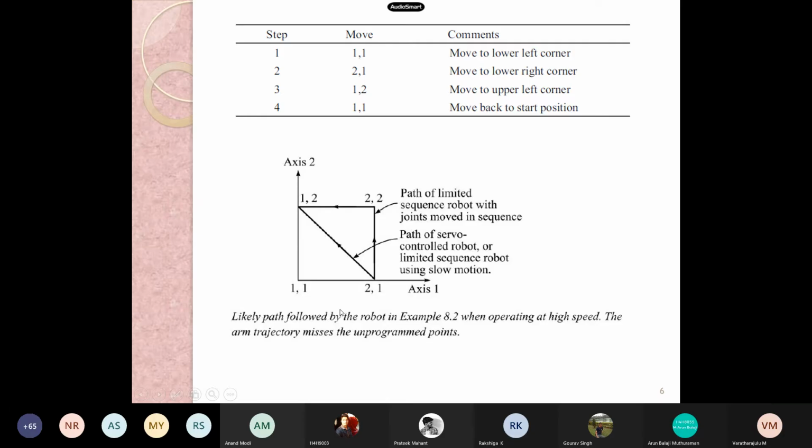The question of which path the robot will take between two programmed points is not a vital one, but for a programmer it is very important to have an idea to reach the object with a shorter route. That would be the preferable idea once he has certain tasks to perform.